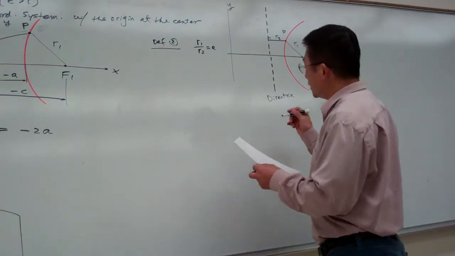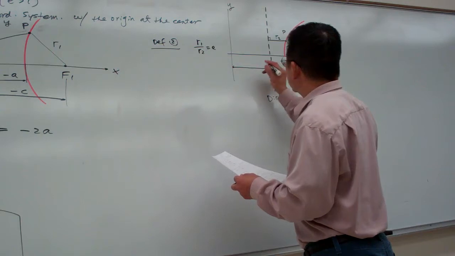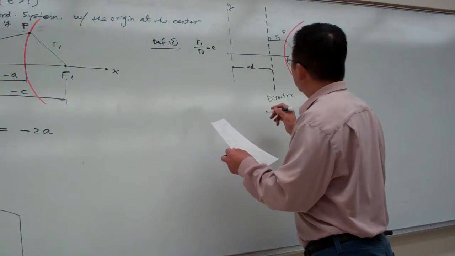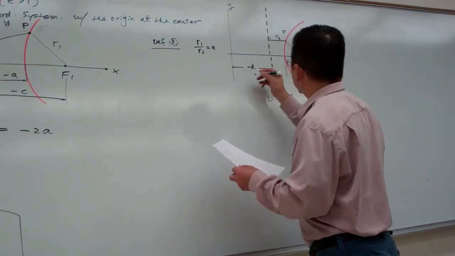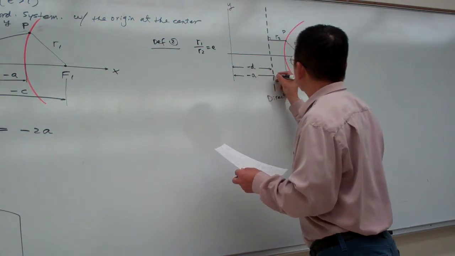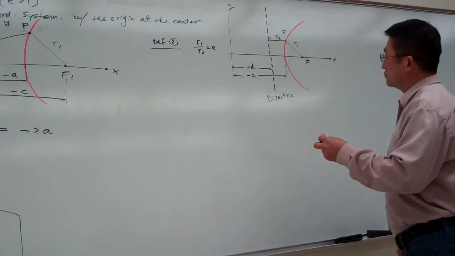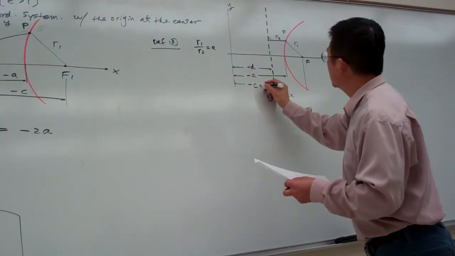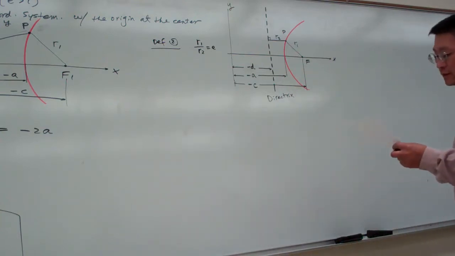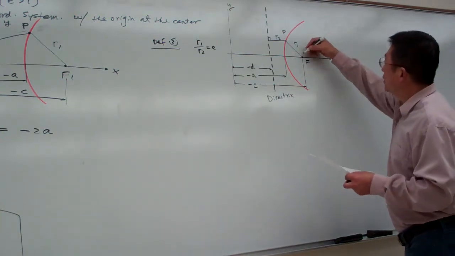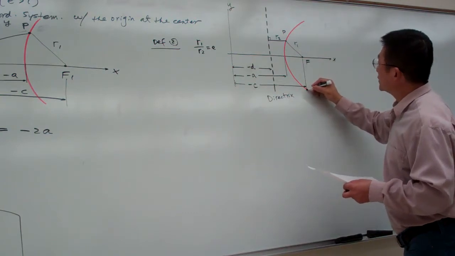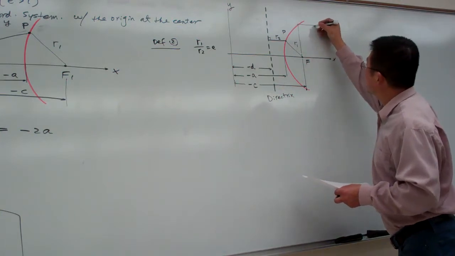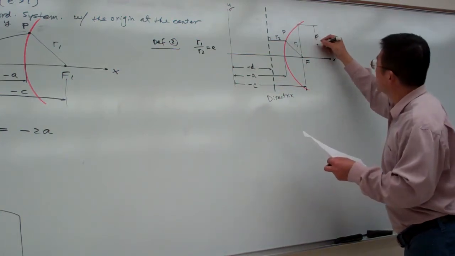And let me give certain parameters. This is minus d. And from here to here, this is minus k. And from the focus, minus c. Okay. And the intersection of the focus line with the orbit is defined as, we call it p.